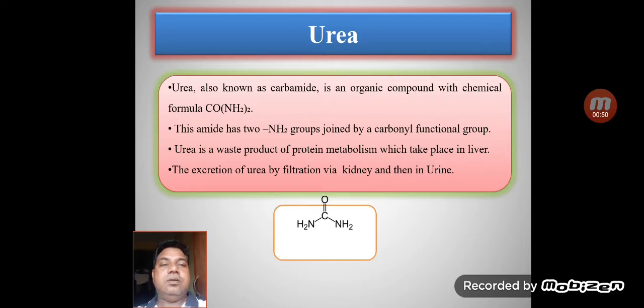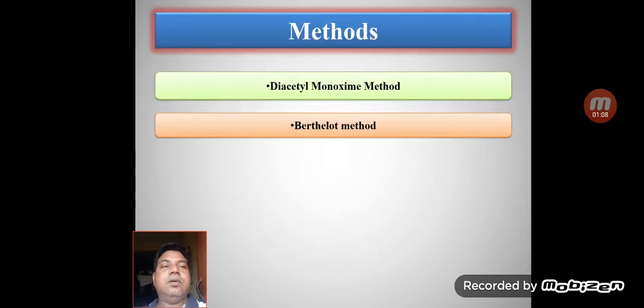It is basically a byproduct of protein metabolism, which takes place in the liver, and the excretion of urea occurs via the kidney through filtration of the plasma, and then it appears in the urine. There are multiple methods by which we can estimate it. Today we will discuss the diacetyl monoxide method, also called the DAM method, and another method is the Berthelot method, which we will discuss later.